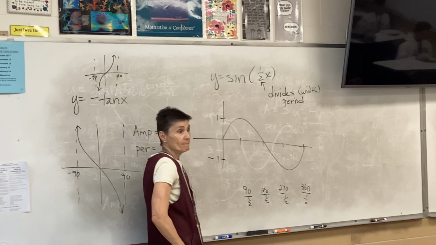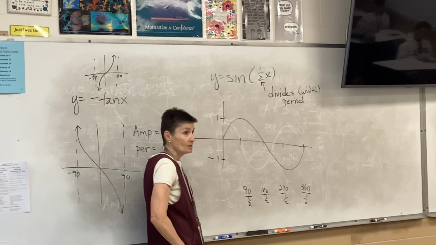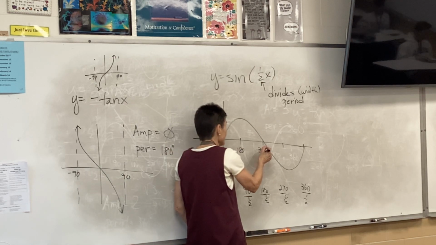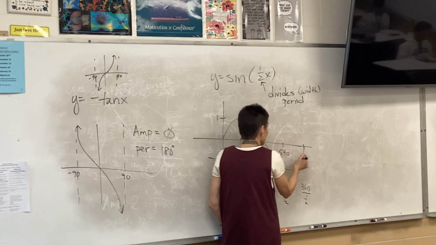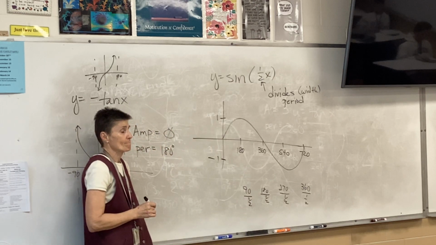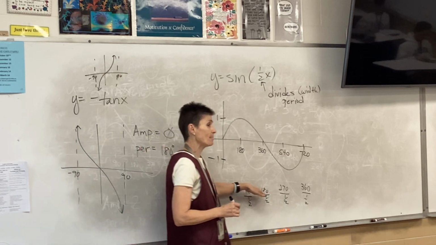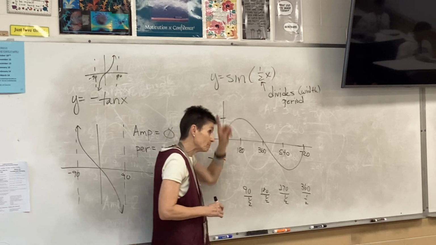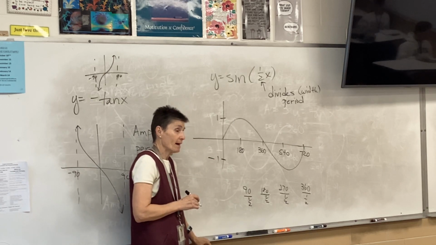It's 180. Because dividing by a half is the same as timesing by 2 over 1. So this is 180, 360, 540, 720. Whatever your original labels were, they have now all been divided by 1/2.